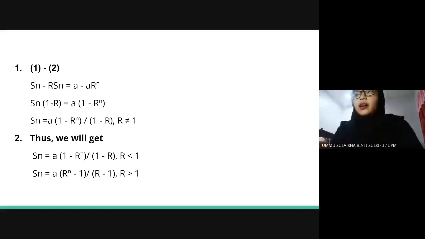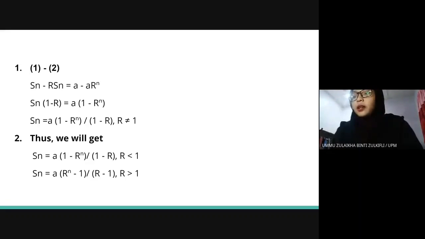Then we factorize Sn on the left side, and we get Sn multiplied by 1 minus R. On the right side we factorize A, and we get A multiplied by 1 minus R to the power of n.